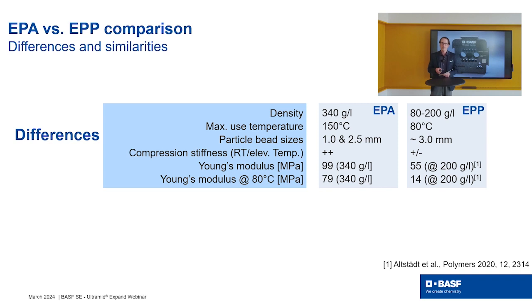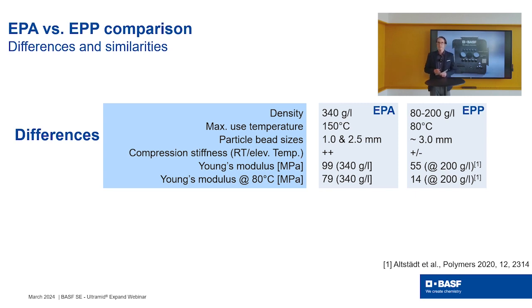If we compare our EPA with known EPP, polypropylene particle foam, we see that the density of our Ultramid Expand particle foam is significantly higher than the density for the commercially available EPP. So our particle foam has a density of 340 grams per liter, while for EPP the maximum density which is applicable is 200 grams per liter.